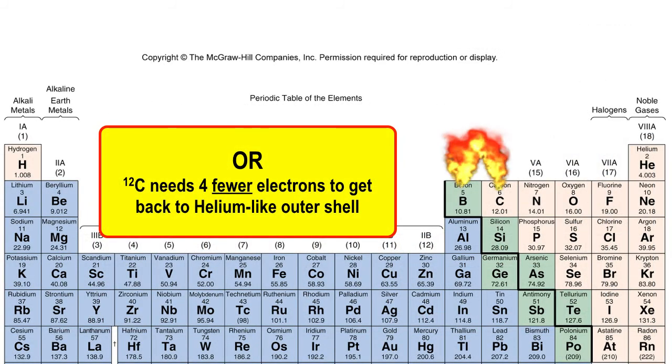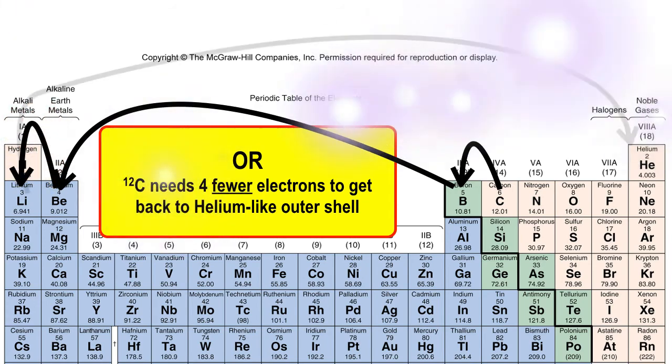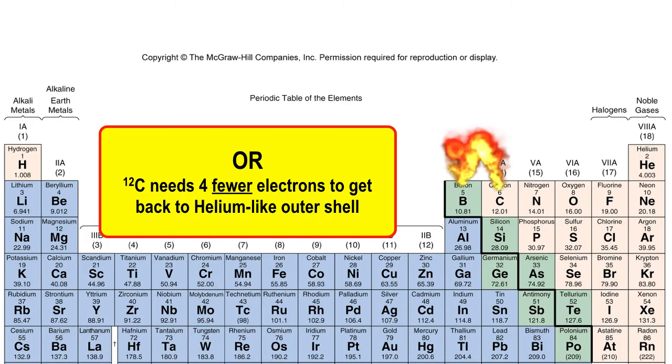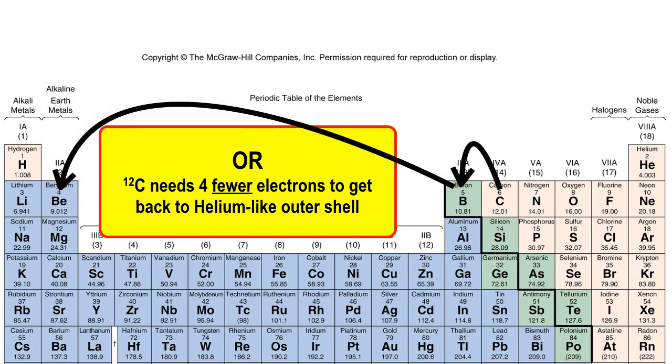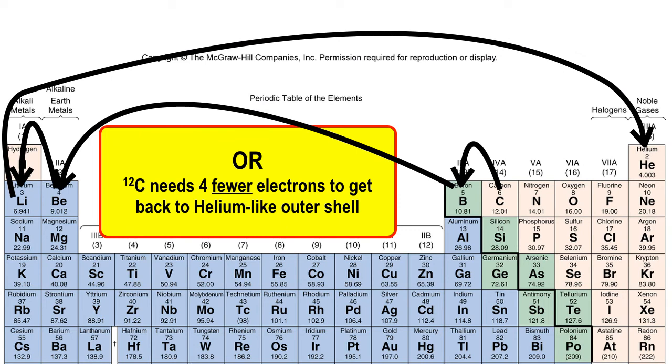There's 1, 2 to beryllium, 3 to lithium, and 4 all the way over here to helium. So if carbon loses 4, it'll have a helium-like outer shell.